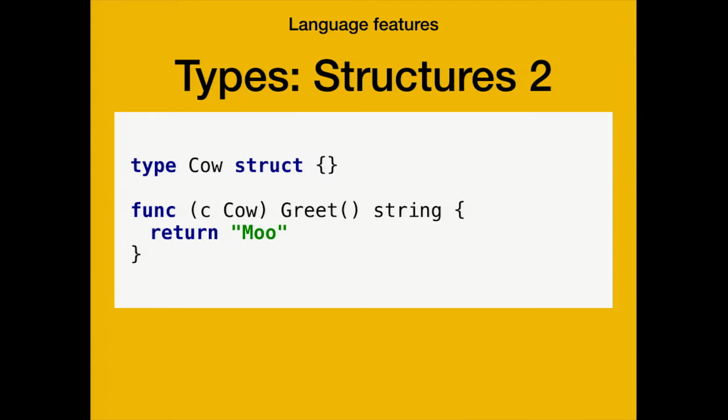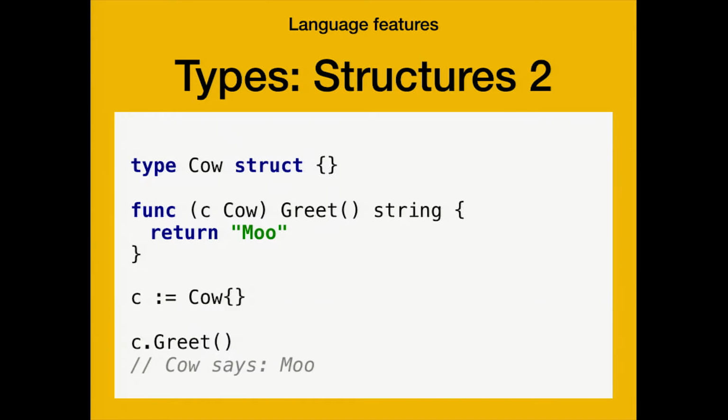In this case the definition is func, and then in parentheses you have c cow, which refers to the previously declared type, and that has a greet method with a return type of string. If I initialize a new cow, I can call c.greet, and it says, hey, cow says moo. That's the basics for adding behavior to data structures.